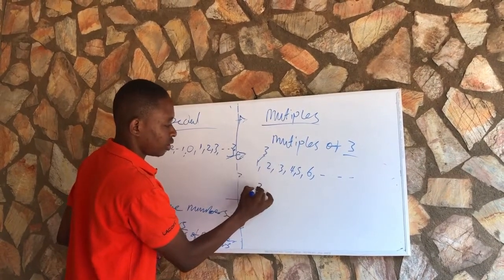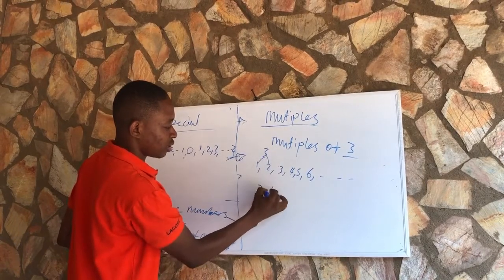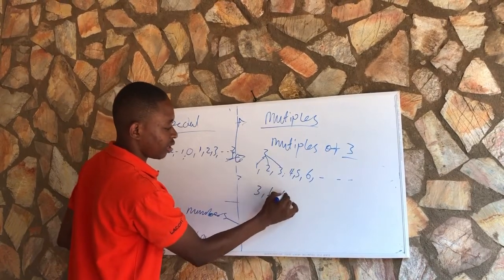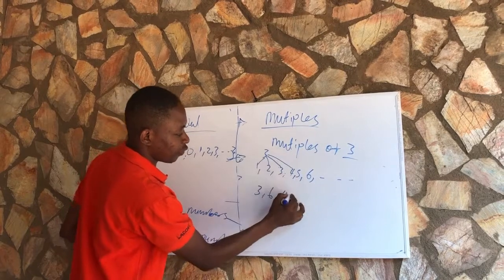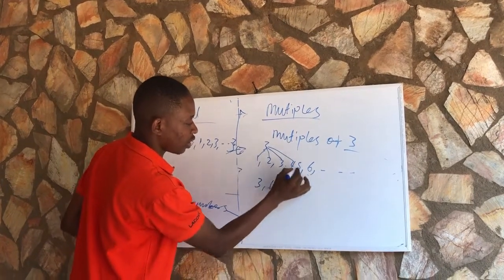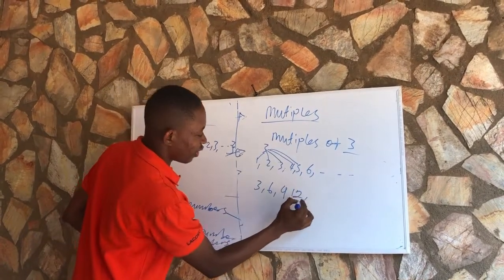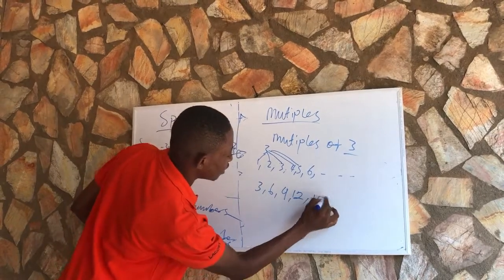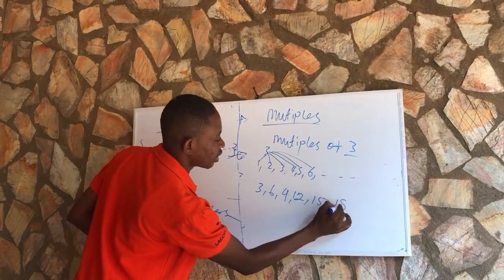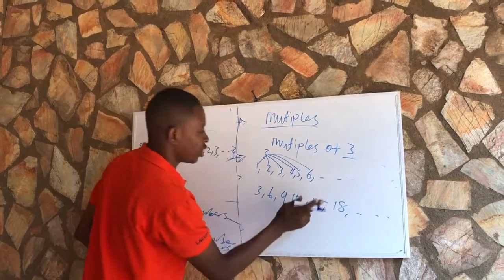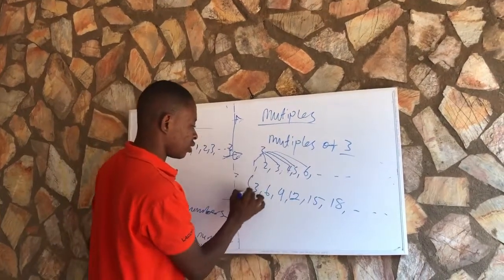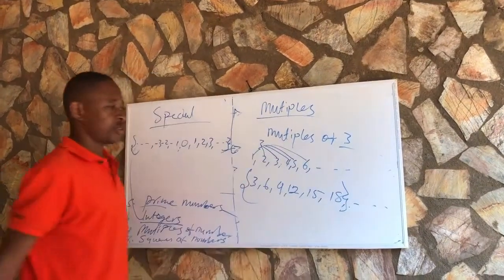So if we want the multiples of 3, we multiply 3 by all the natural numbers. 3 times 1, 3. 3 times 2, 6. 3 times 3, 9. 3 times 4, 12. 3 times 5, 15. 3 times 6, 18. So like that. These are the multiples of 3.